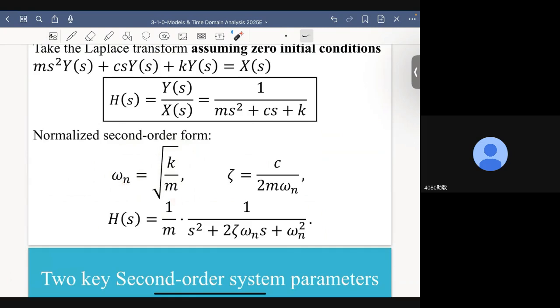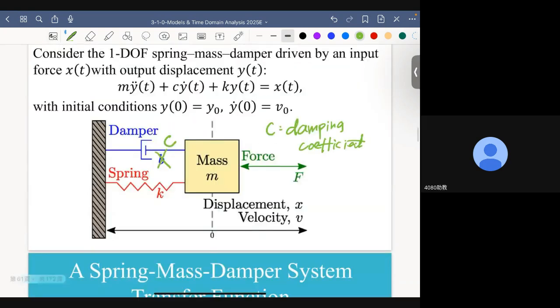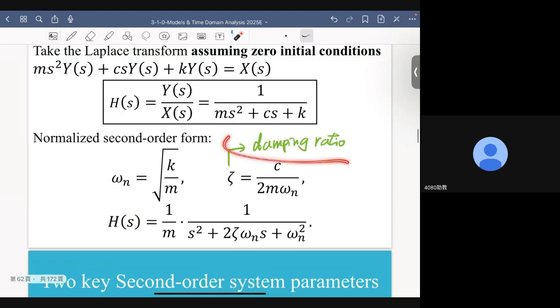Now the second parameter, this is the very first time we see it, is what we call the damping ratio. Remember there are two damping parameters. One is the damping coefficient, the other is the damping ratio.